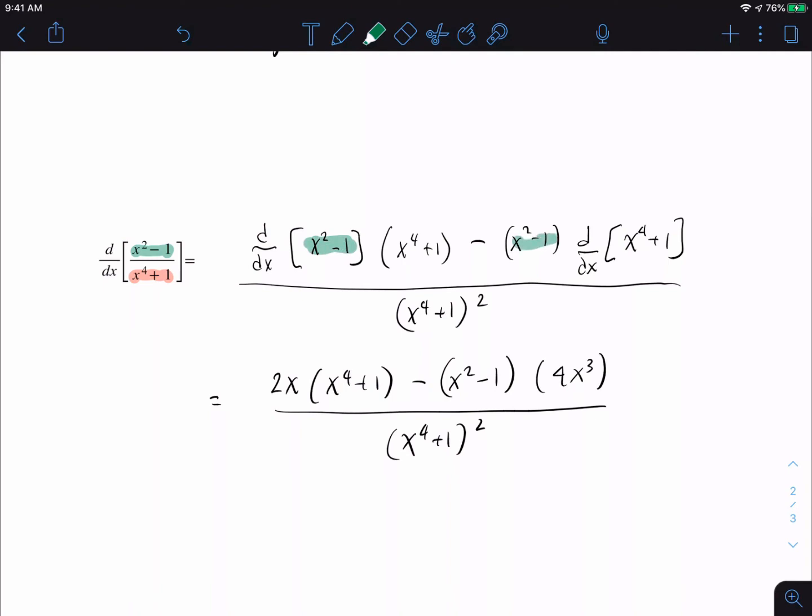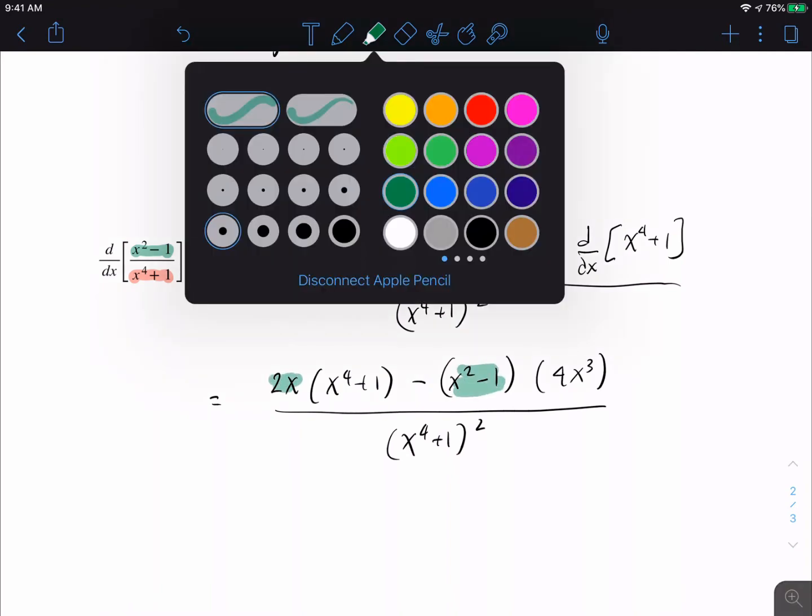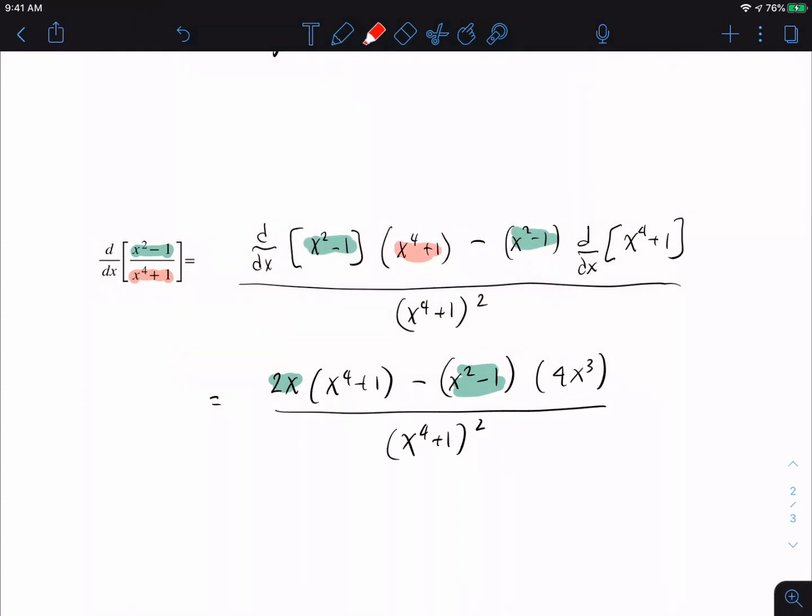So that's this one, it becomes this, and then that's the f function. What ends up happening here is this was f prime, this is g, here's f, this is g prime, and then this is g squared.